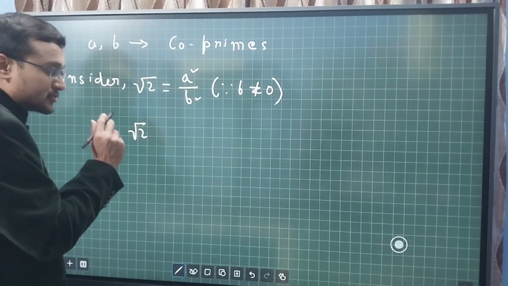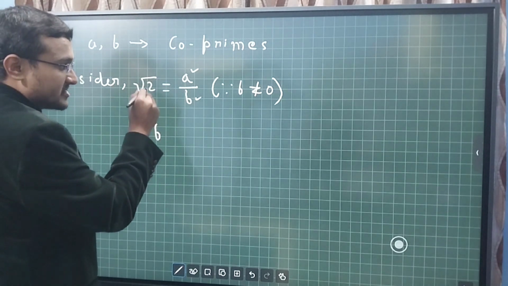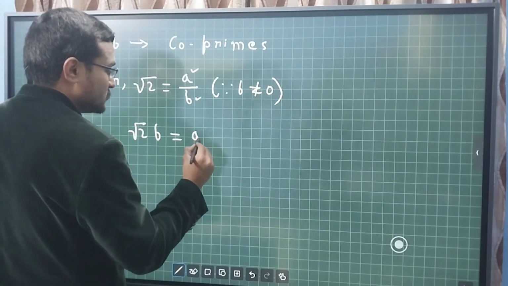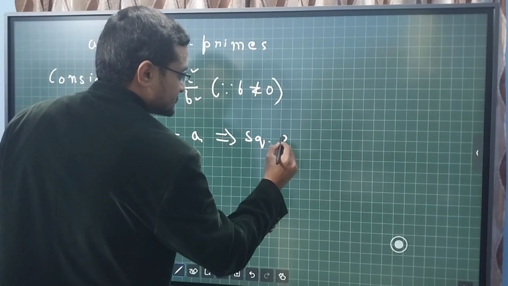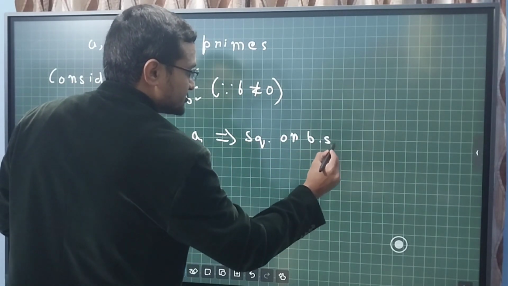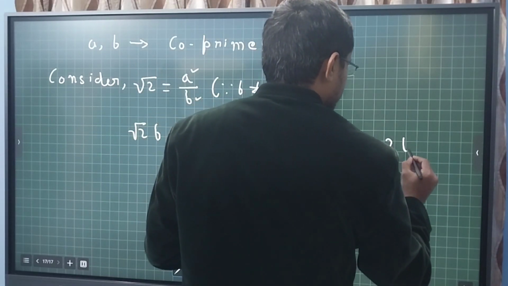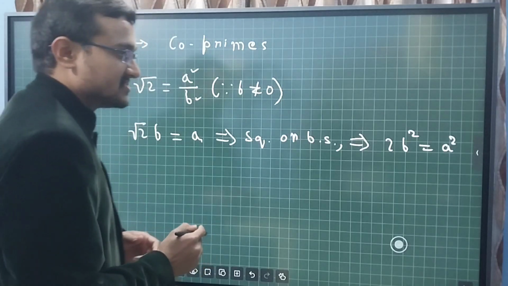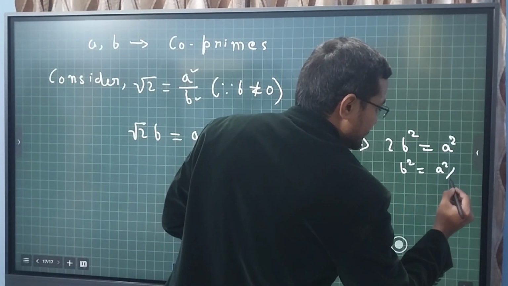Now, taking B to the LHS, it becomes multiplication. So root 2 B is equal to A. Squaring on both sides gives 2B square is equal to A square. So B square is equal to A square by 2.